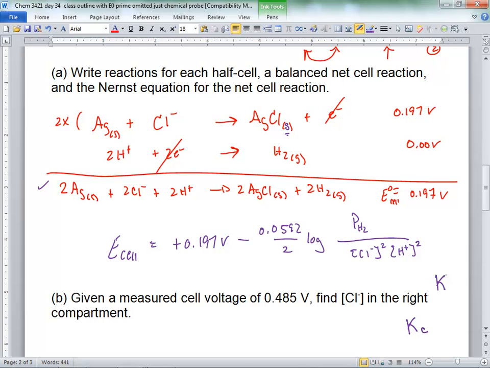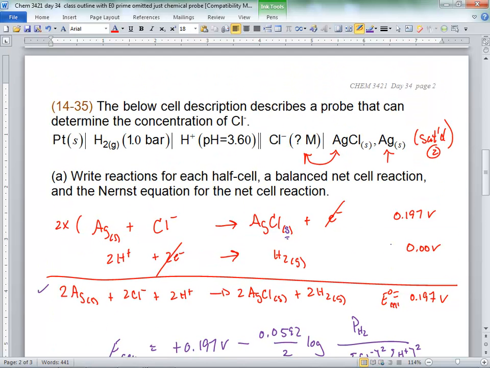What I say, use the thermodynamic equilibrium constant expression. Pretty much, if you're given the pressure in bars, then they're assuming you're going to use the thermodynamic equilibrium constant expression. And that's how I would do it.